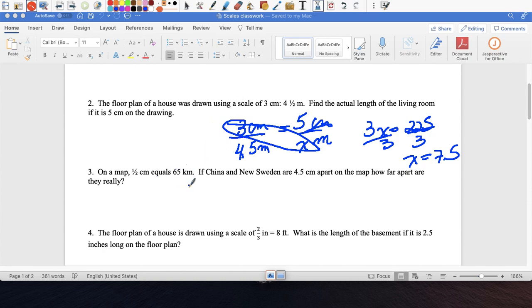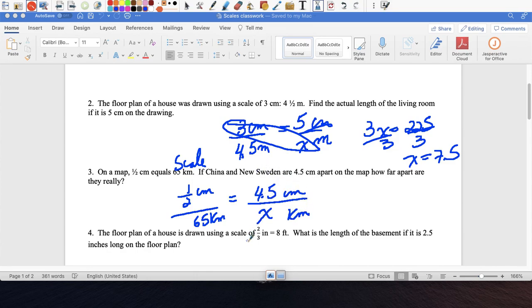Again, on the map, half a centimeter, right, if you want to write 0.5, it's okay, equals 65 kilometers. Let's set up proportions, so that's my scale. If China and Sweden are 4.5 centimeters apart, well, let's see, centimeters on top, kilometers at the bottom. How far apart are they really? So here you go, x. Cross multiply, I can use a decimal, 0.5 centimeters.